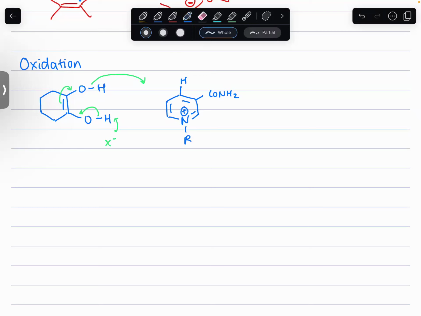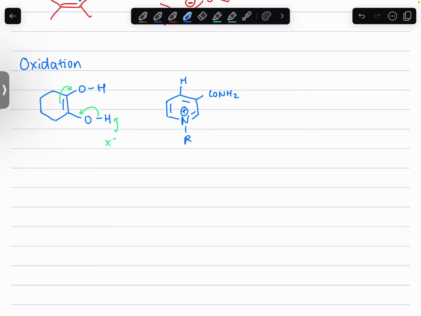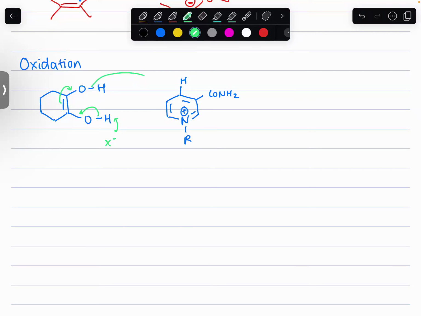And this hydride will come here and will push the electrons down in the system until it neutralizes the nitrogen. And we are left with our oxidized product and NADH.